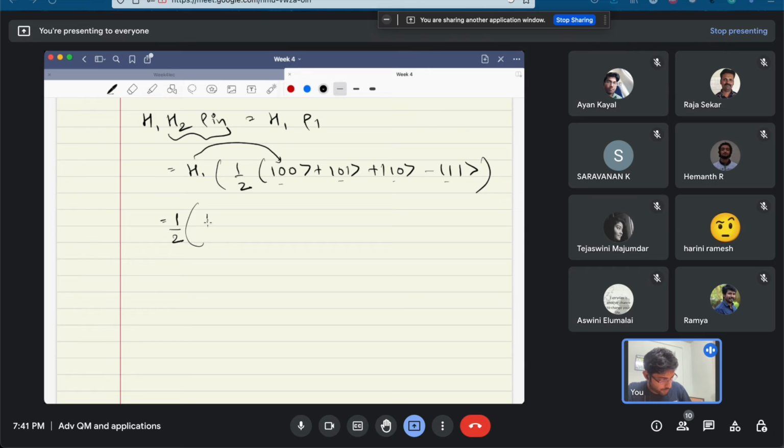Your first qubit becomes a superposition, the second remains the same, similarly here.